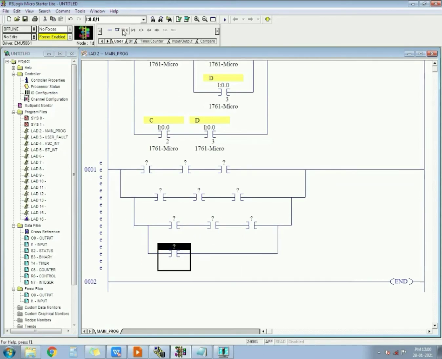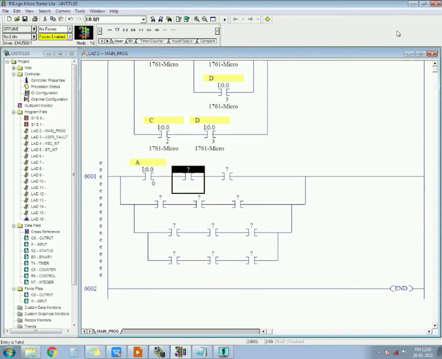One, two, three. So I'll start with I1:0/0 A, I1:0/1 B, I1:0/2 C, ABC.